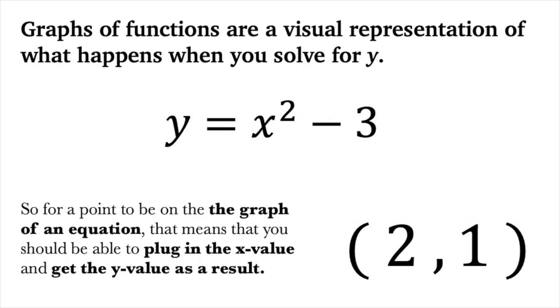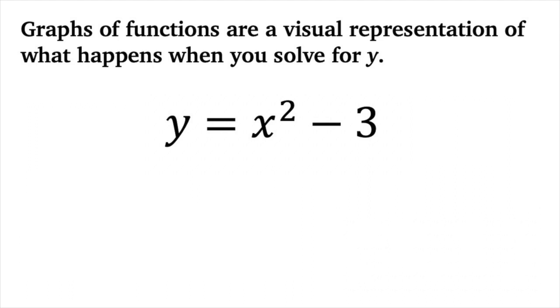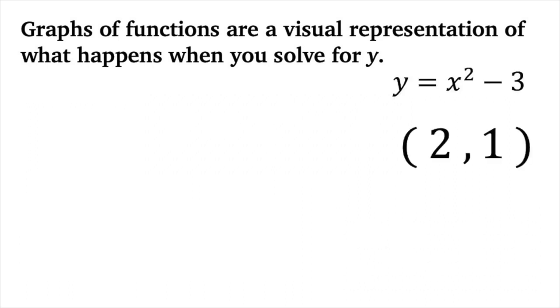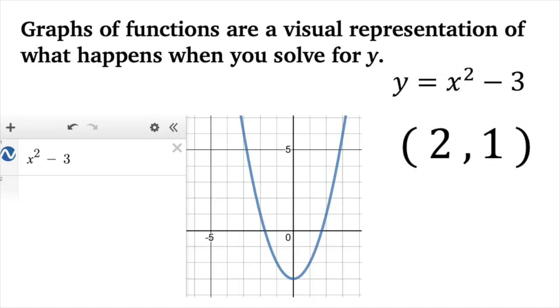So if a point is going to be on the graph of an equation, that means that you should be able to plug in the x value and get the y value as a result. So back to this example we have. If I graph it, here it is, you'll see right there, there's the point (2, 1).